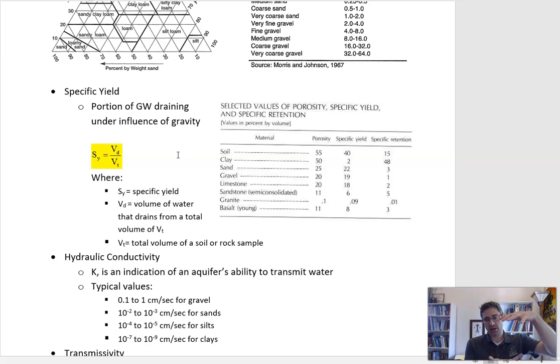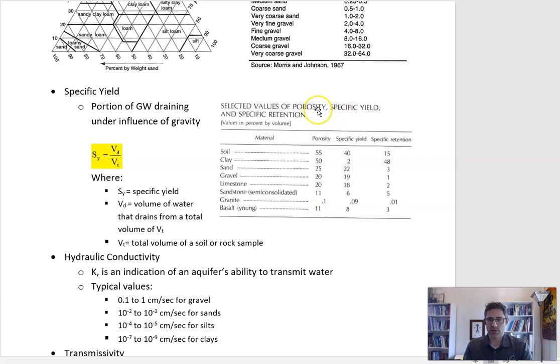So we have an aquifer and water's infiltrating through it. Some will continue to infiltrate and just move through, but some of that water gets left behind because the type of soil or rock that it's moving through has some amount of surface tension or ability to restrict the water flow and actually retain some amount. So the specific yield is the volume that would drain under gravity over the total volume.